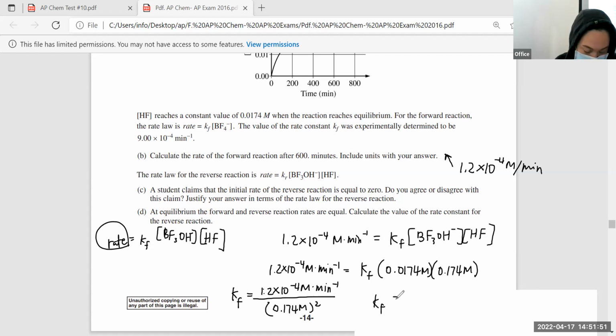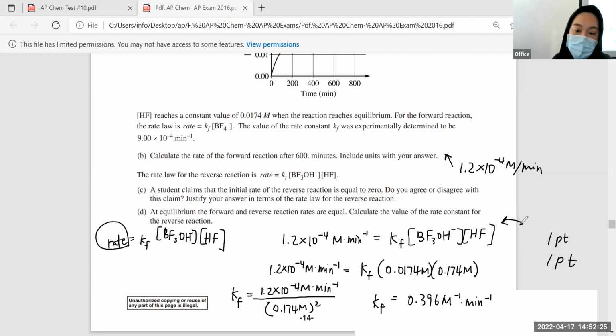Right, so KF, I get 0.396, and my units. Right, remember for your rate constant, always remember your units. That is very important. So total of 2 points. 1 point for the answer, 1 point for correct substitutions into your rate reaction.